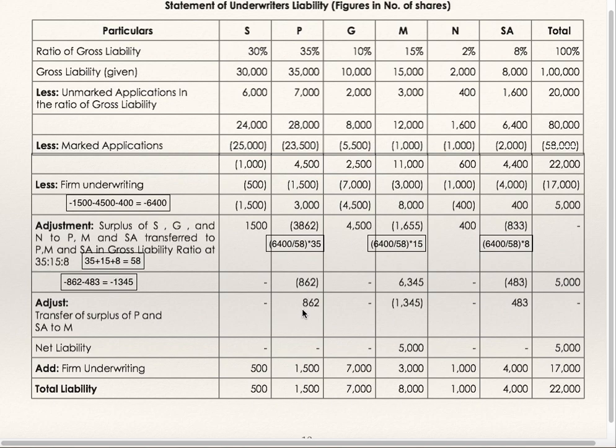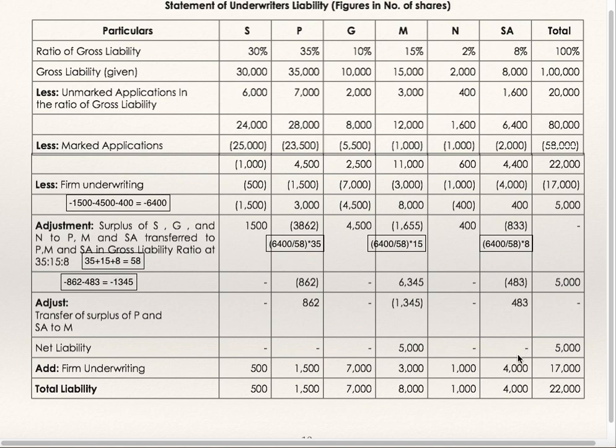Plus 483 plus 862. Now only M is having positive. So add these two and deduct it from M. So all will become 0 except M. 6345 minus 1345 is 5000. This liability of 5000 shares which are not taken over by public will be taken over by M.